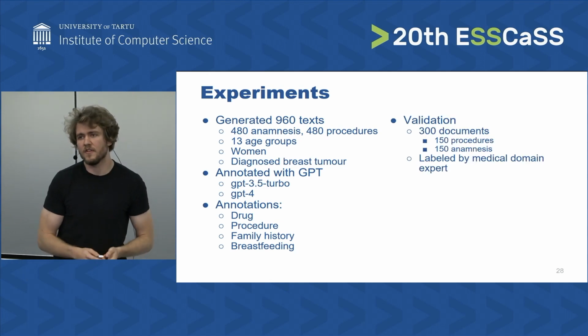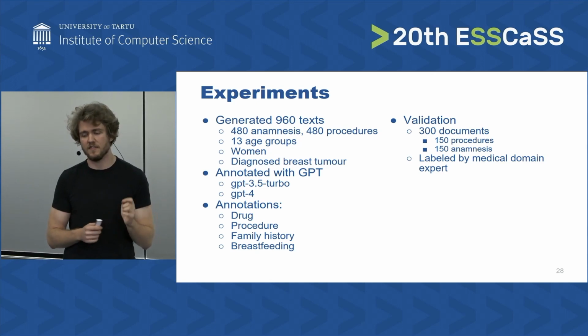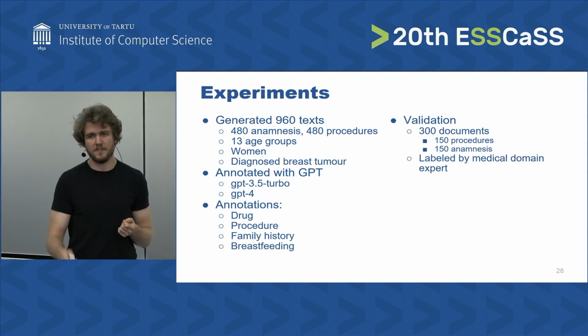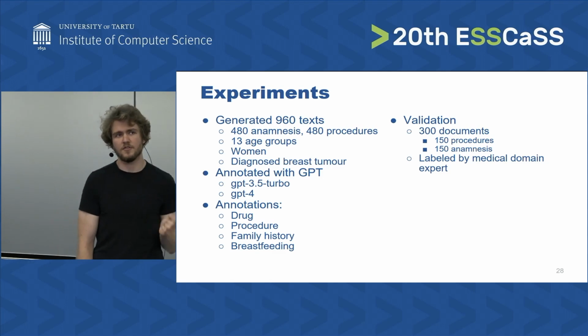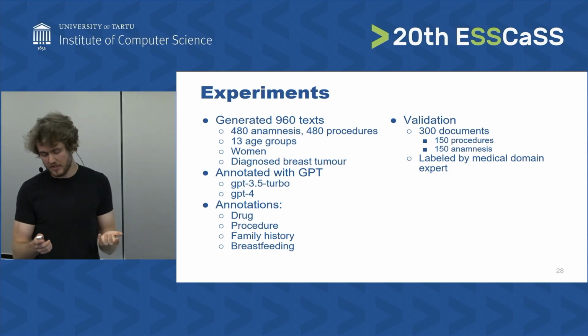And for validation, we had a person who was a medical domain expert annotate some real data. So again, health procedure and health anamnesis for the same classes. And the idea was to use this to see how accurate the resulting model is.